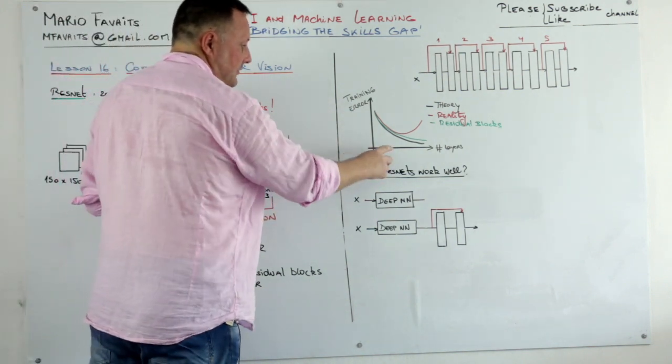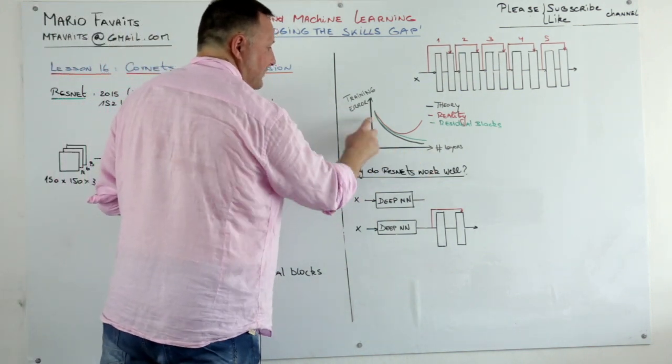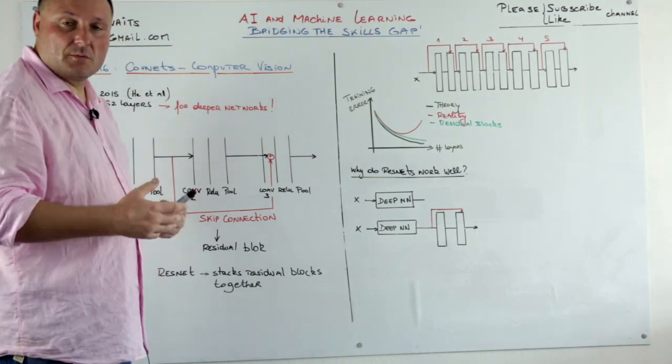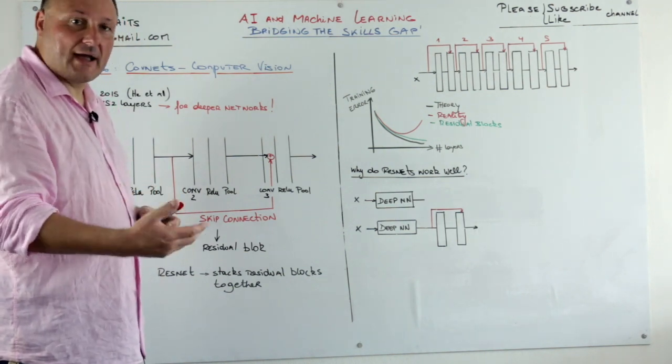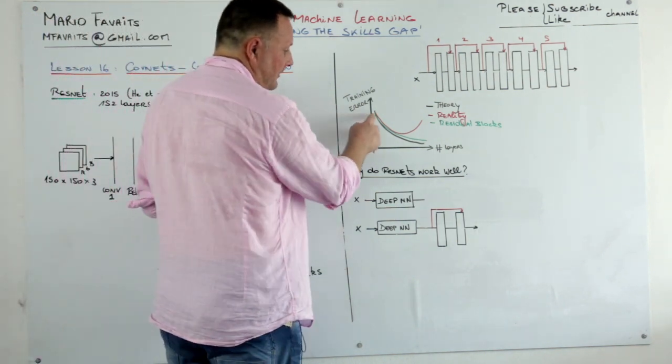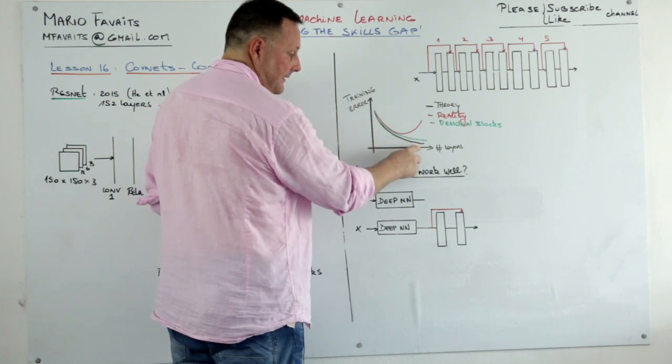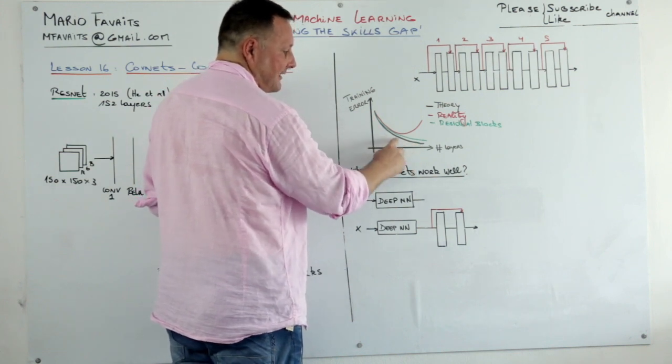Here I've shown the graph of the number of layers and the training error. Theory says that the more layers you have, the lower your training error is going to be. So the black line is the theory.